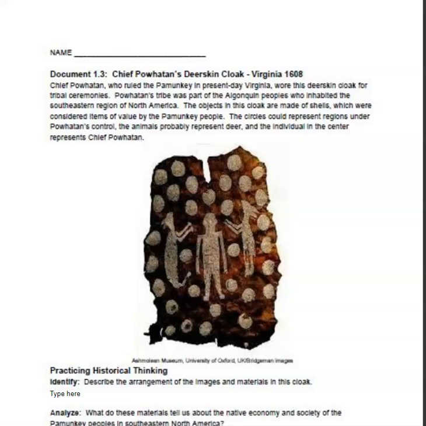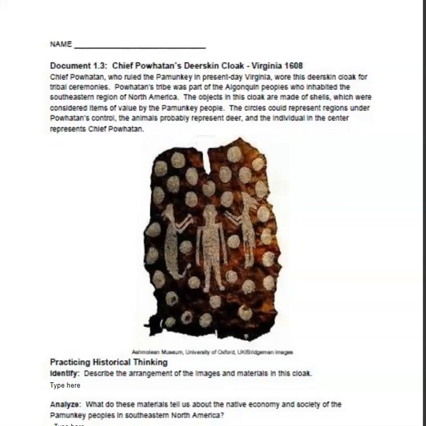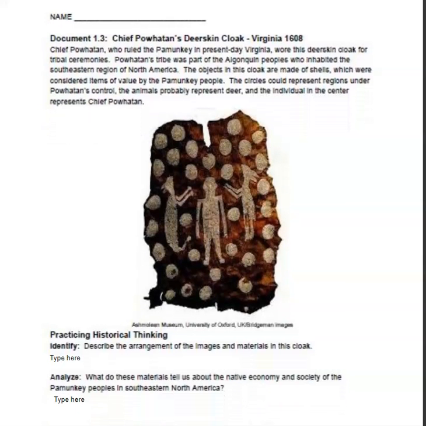So what we know is that in 1607, that was Jamestown. And Chief Powhatan was the ruler of all the Native Americans that surrounded Jamestown. So what we're basically looking at here is his cloak, and we know he's the ruler. And if you analyze what this cloak is made out of, you can see shells.